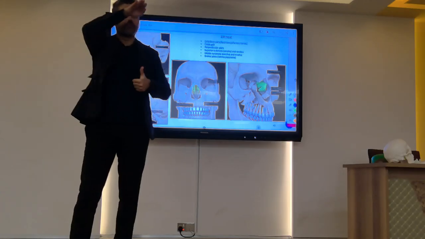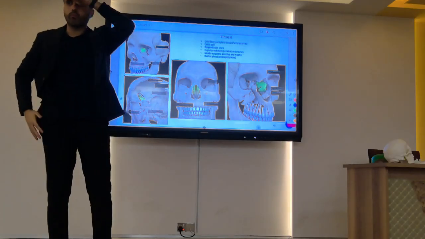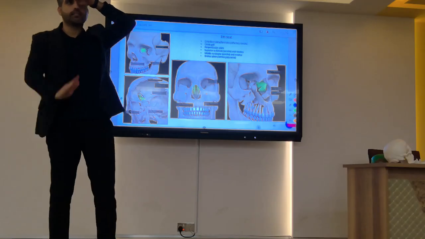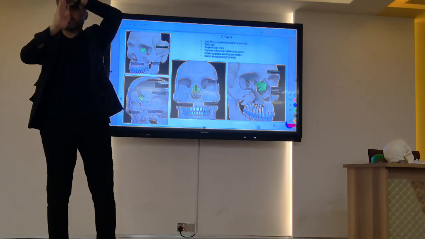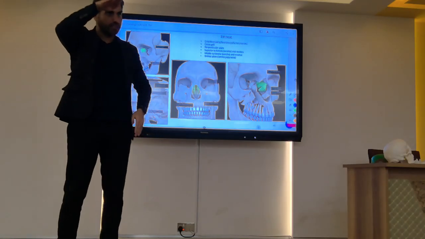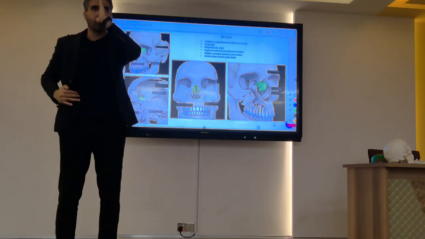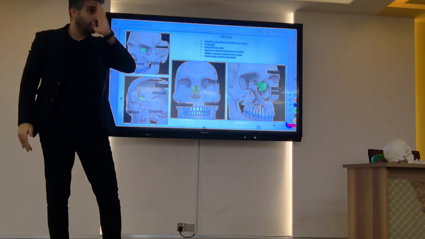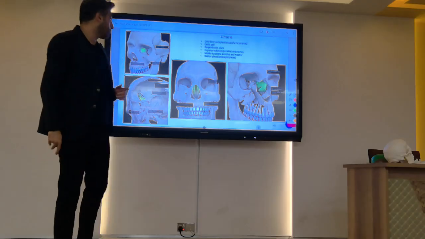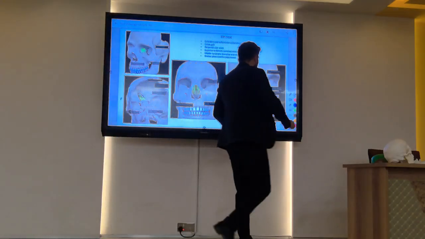Okay. From these cribriform plates, we have one plate that goes down like this. One plate vertically goes down. It's here, comes to the septum of the nose. Let me show you.